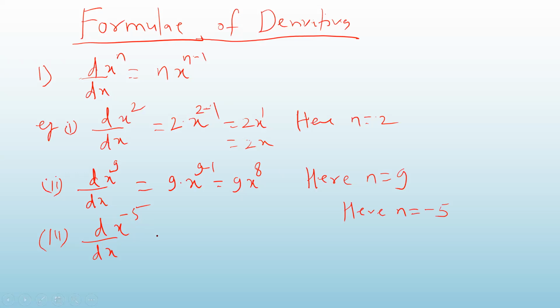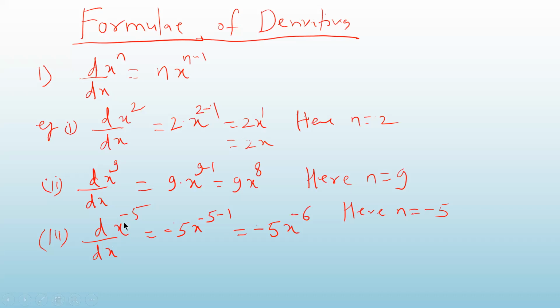So the derivative of x to the power minus 5 is n into x to the power n minus 1. n is minus 5. So minus 5 into x to the power minus 5 minus 1. That will give you minus 6.